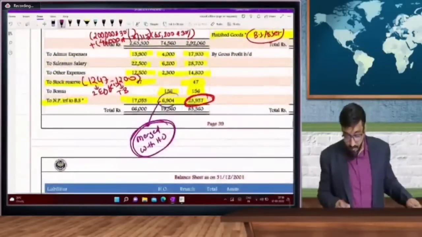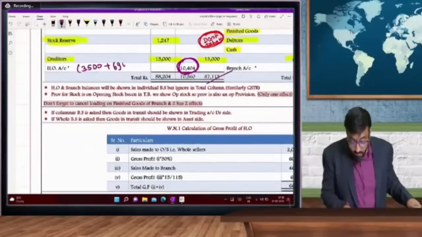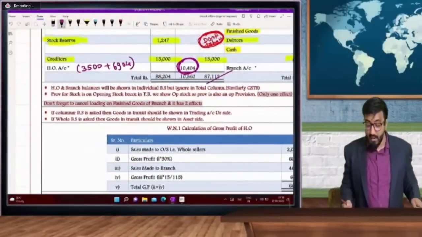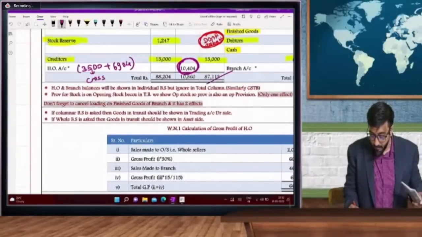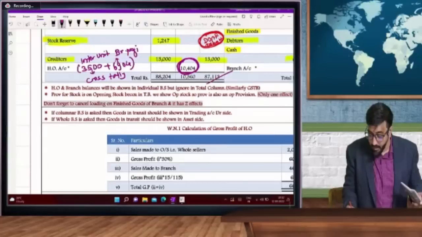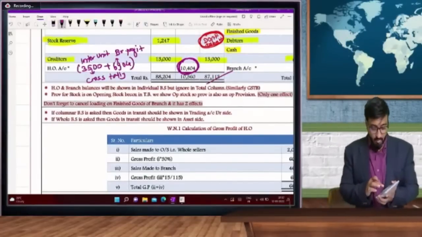So the branch profit we consider in the head office book, and now you can take a total. So this is the cross tally: inter unit balance and this branch profit. Who recorded it? Head office recorded it. So 10,404, you will get the balance.